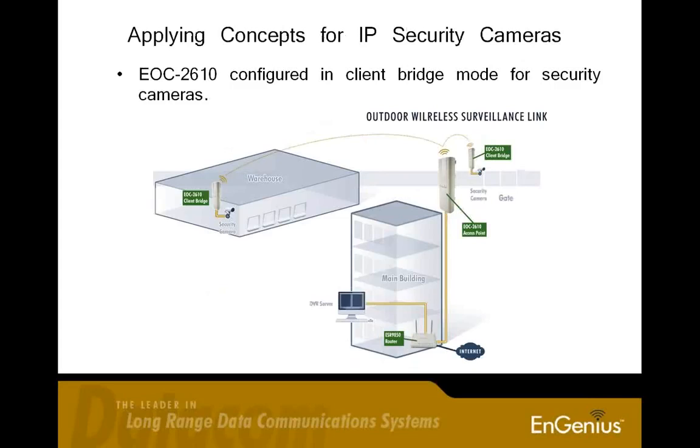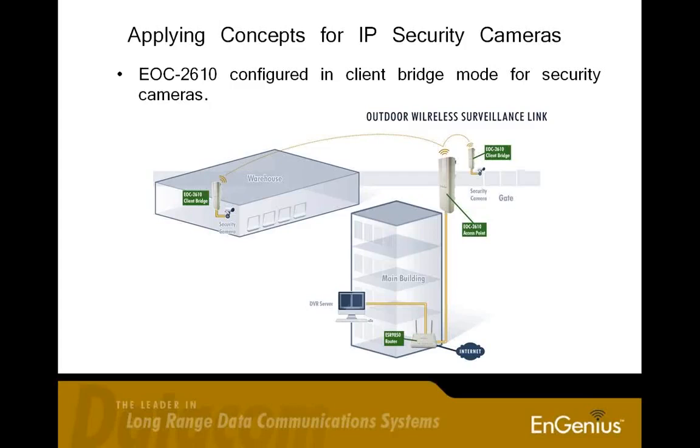One vertical market that's becoming very popular is the IP security camera. An EOC 2610 or other EnGenius client bridge model can attach to these types of cameras because they are Ethernet ready. And even if the camera is wireless, a lot of times the range of the radio integrated into the camera is not very powerful.